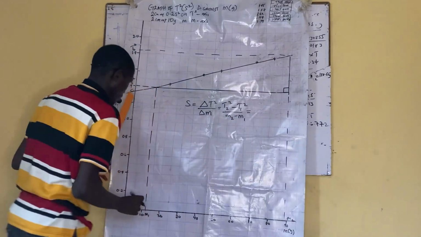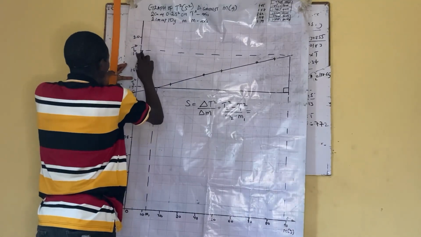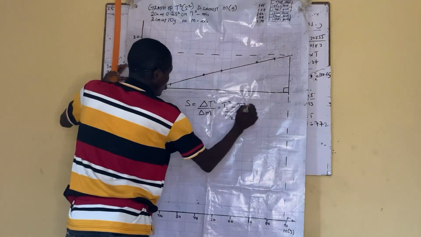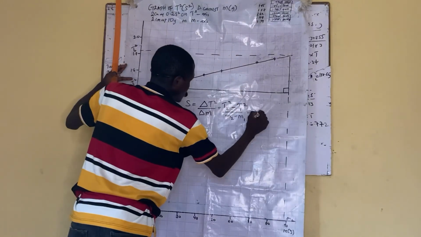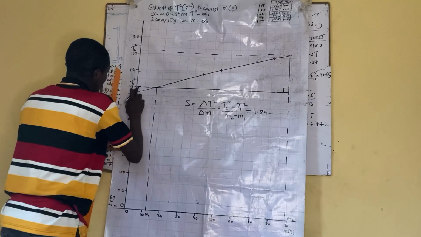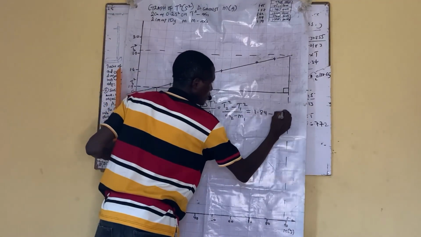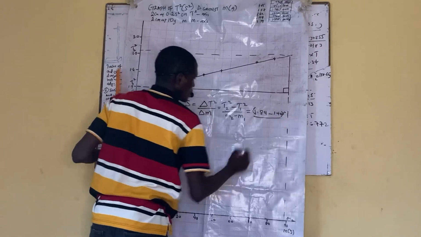Now T2 square is 1.82, and 1.84 minus 1.40 centimeters. Okay, period is in seconds squared.